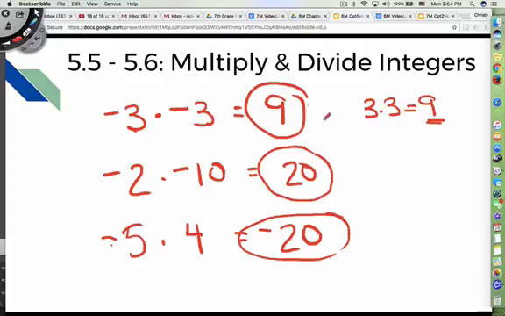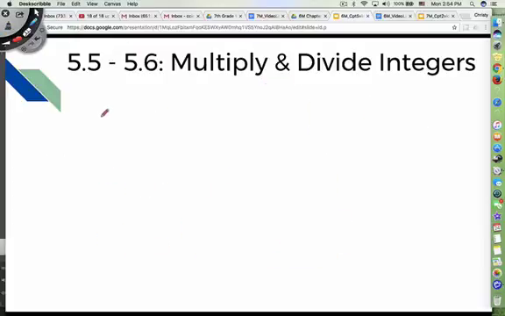Okay? Same thing with division. Exact same thing with division. Okay, let's try division. If I have, let's say, -8 divided by 4.